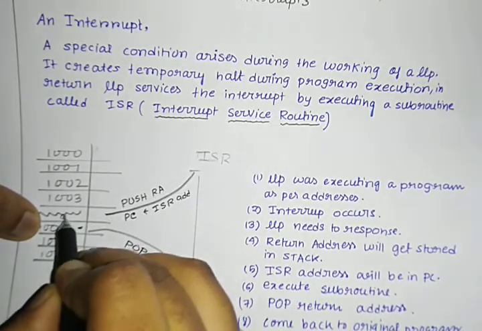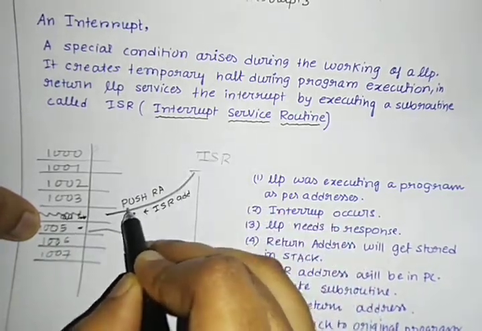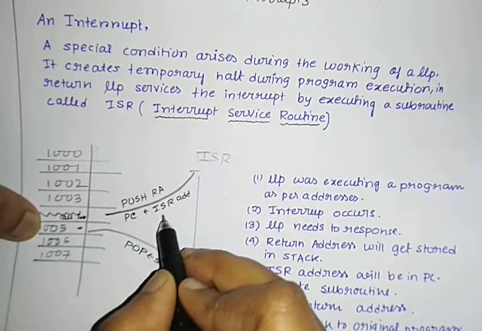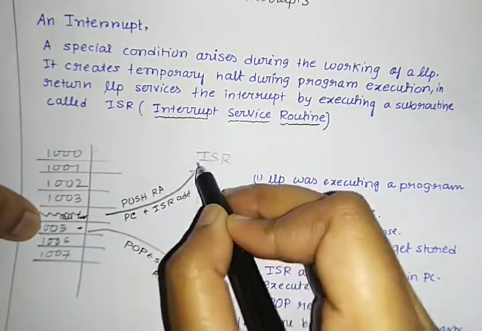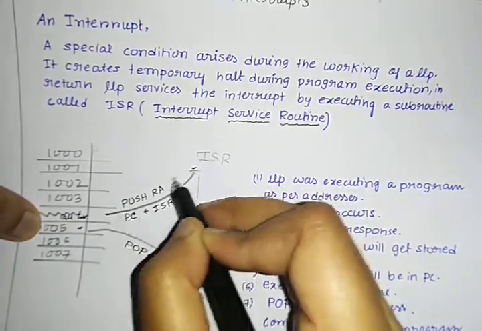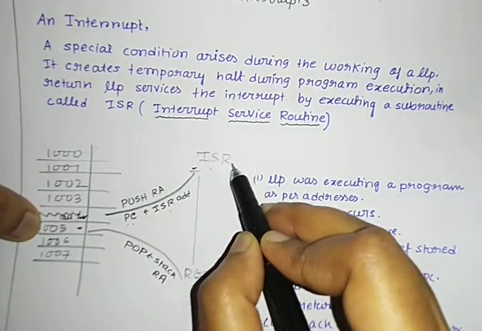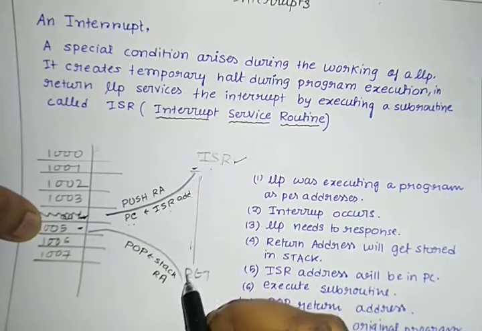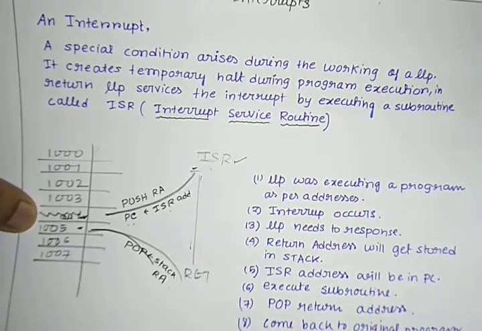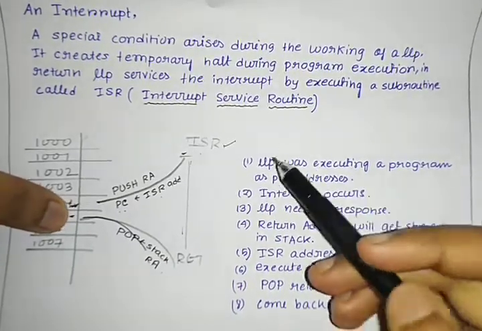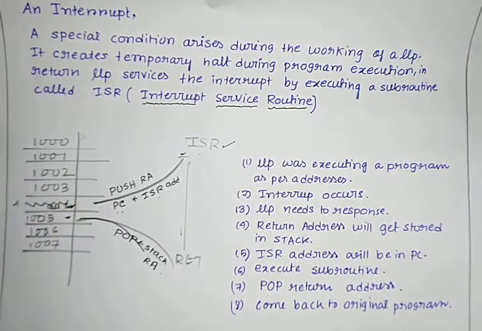So when there is a call subroutine, first I push the return address into the stack, and the PC will get the address of that ISR, that subroutine. Only then it will go to that subroutine and serve. So the PC gets the ISR address, goes there, executes, returns. Now pop the return address from the stack, go back there, and then execute. So these are the steps that occur to execute a subroutine. So an interrupt is also a subroutine.